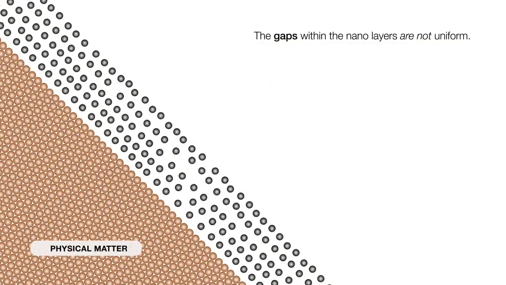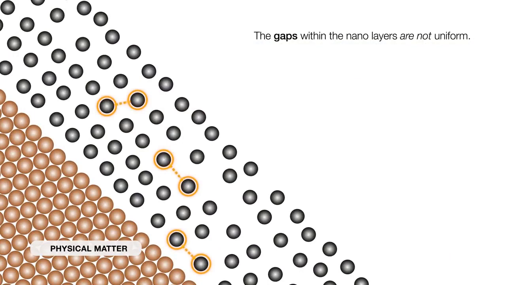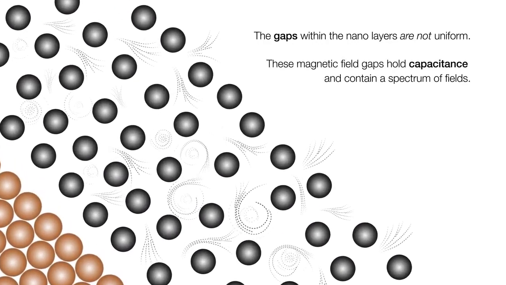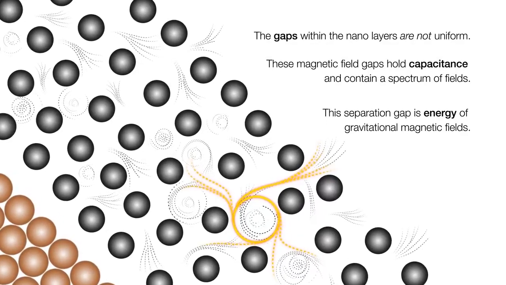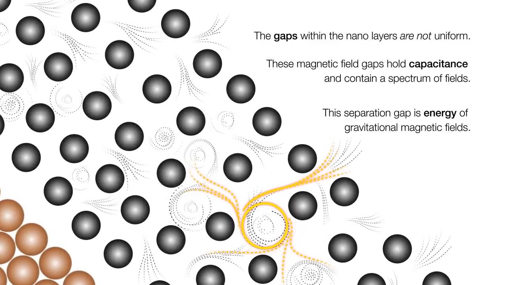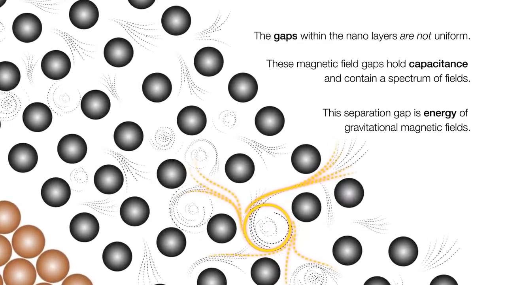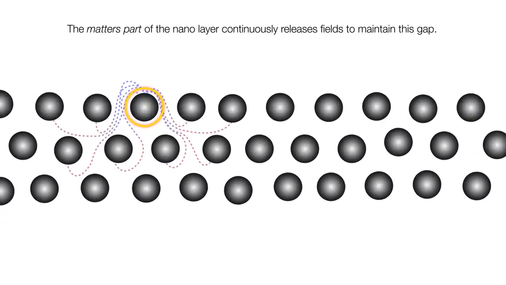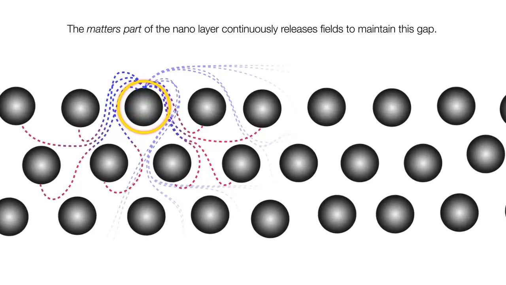The gaps within the nanolayers are not uniform. These magnetic field gaps hold capacitance and contain a spectrum of fields. This separation gap is energy of gravitational magnetic fields. The matter's part of the nanolayer continuously releases fields to maintain this gap.